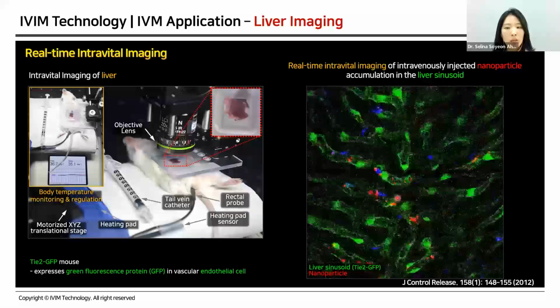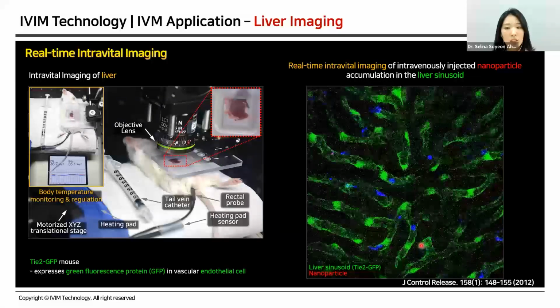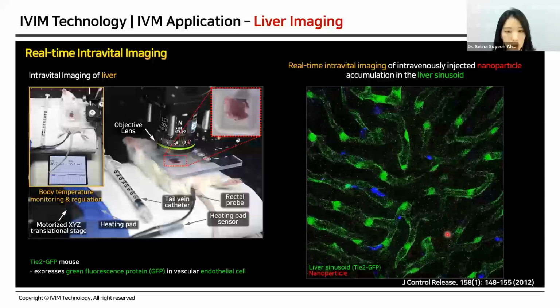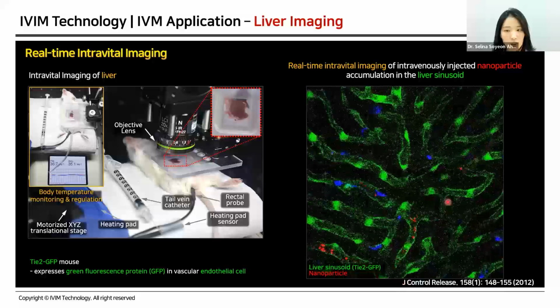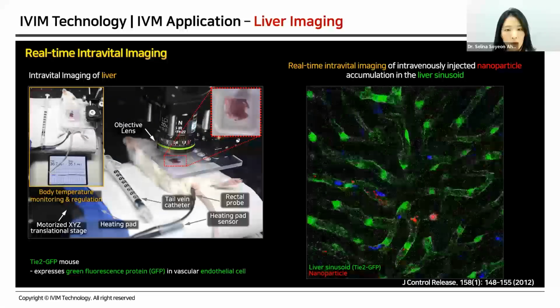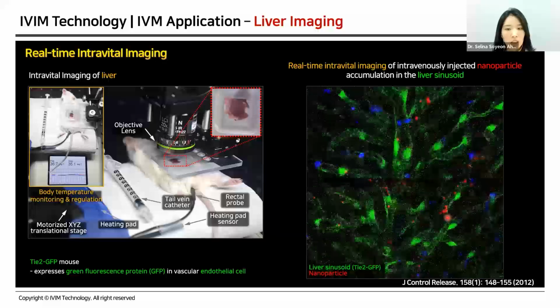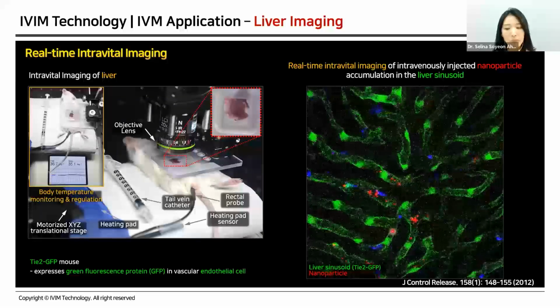The red nanoparticle drugs were delivered in the liver sinusoid right after injection. So this is right before injection, and right after injection, then we can see some accumulation dynamics at the specific sites of the liver sinusoid over a long time.